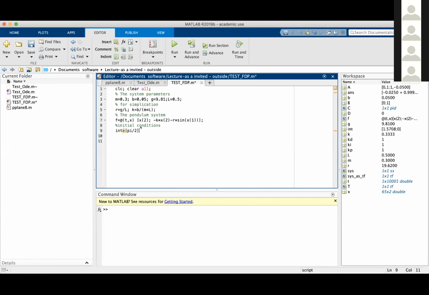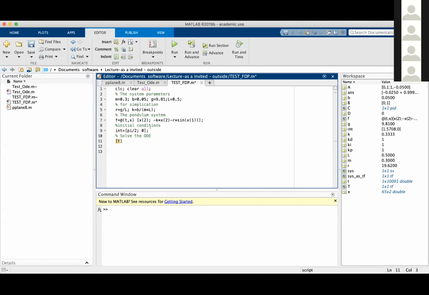So pi by 2 and 0. Why I am taking initial conditions pi by 2 and 0, I will explain later. So let me now consider the initial condition like this. Now I will solve the ODE. Here I'll use ode45.